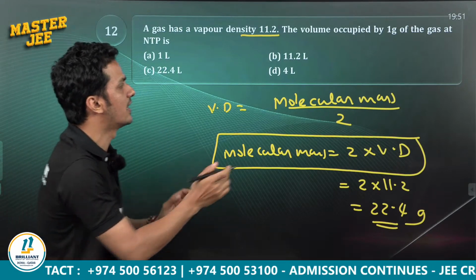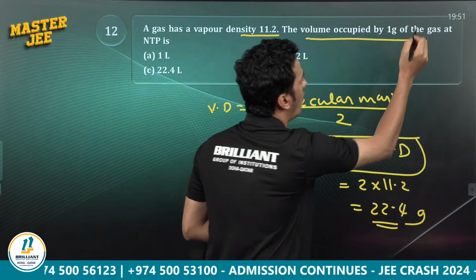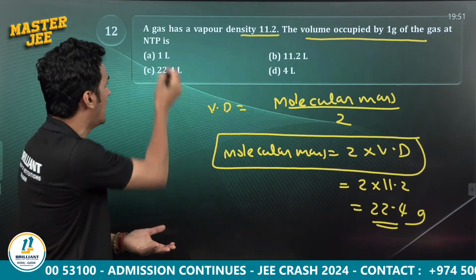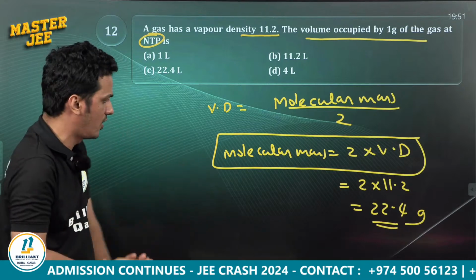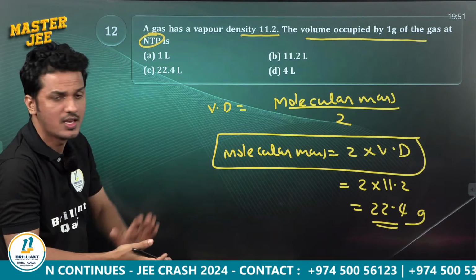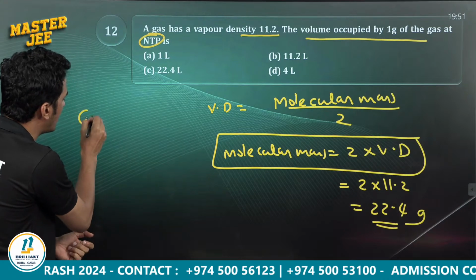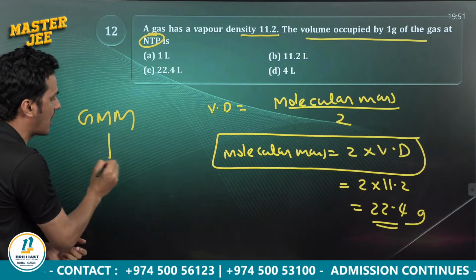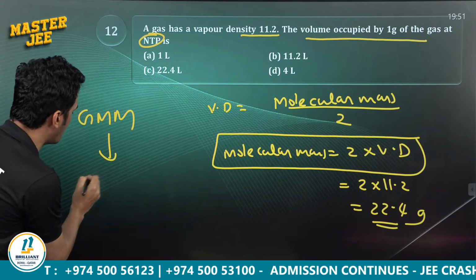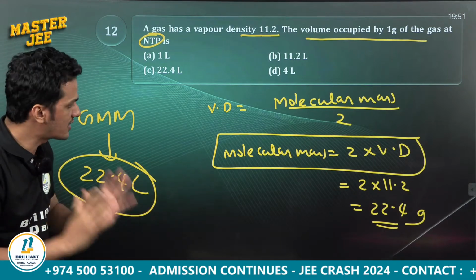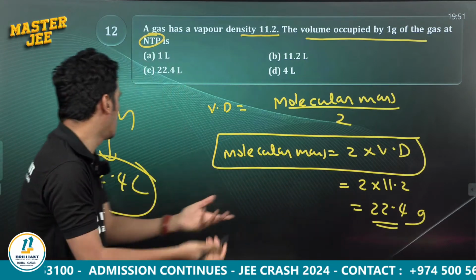Now what's the question? The volume occupied by 1 gram of the gas. We know that at STP or NTP, both approximately similar, if I am taking the GMM, the gram molecular mass, of any substance, it will be 22.4 liter. What's the GMM of our molecule? That is 22.4.